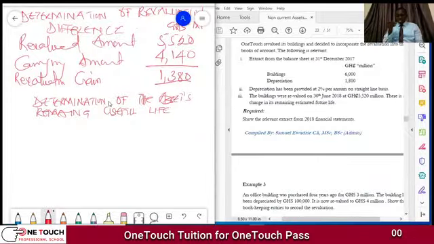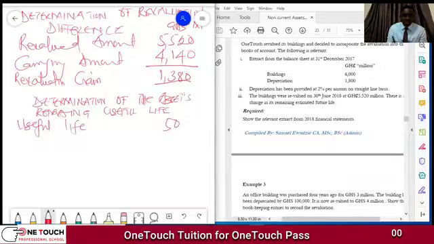So we are looking at 50 years. So useful life is 50. Now let's look at the expired useful life. So let me take first the accumulated depreciation.